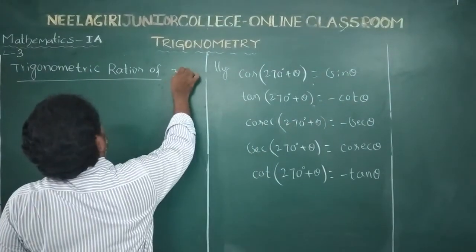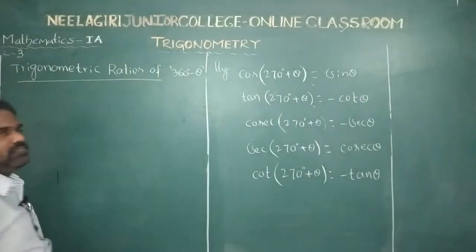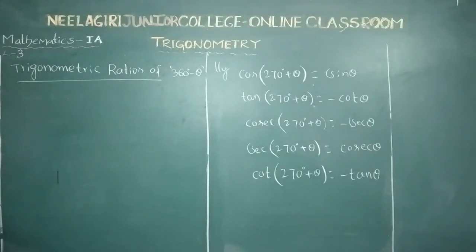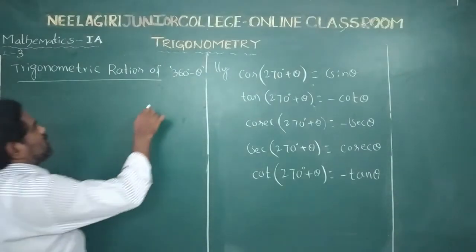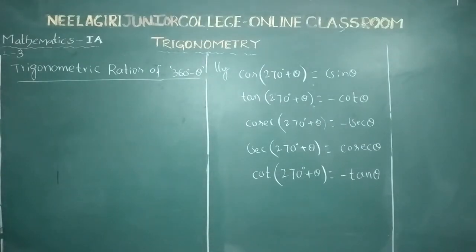Understand? 360 minus theta. Okay. Let us see how we write the trigonometric ratios of 360 minus theta.